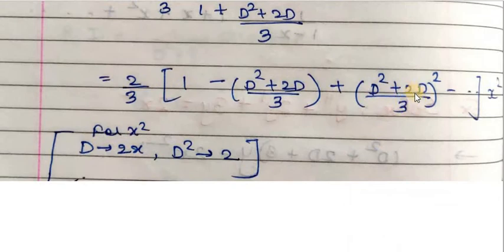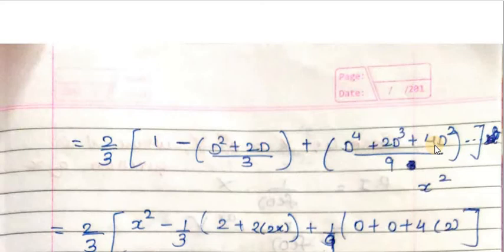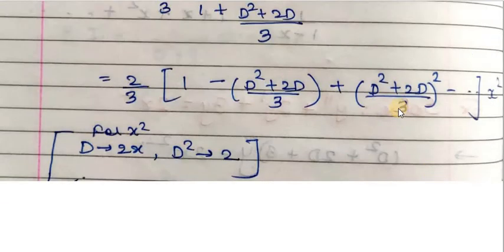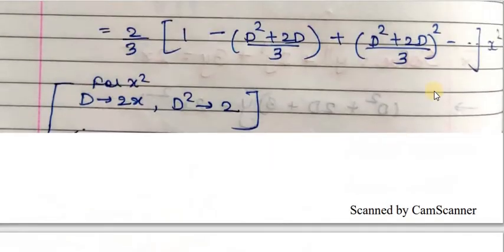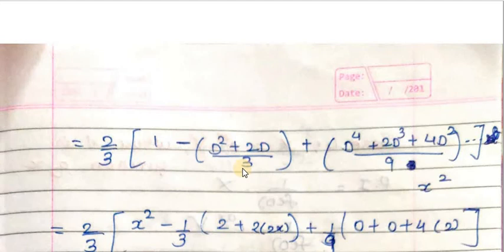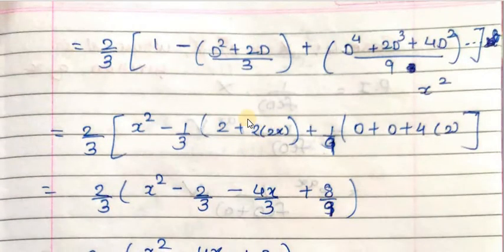Then 2d square, so you will get 4d square, and divide by 3 square, that is 9. Okay, and here is x square. Now if we apply this operator on x square, 1 into x square, result is x square.